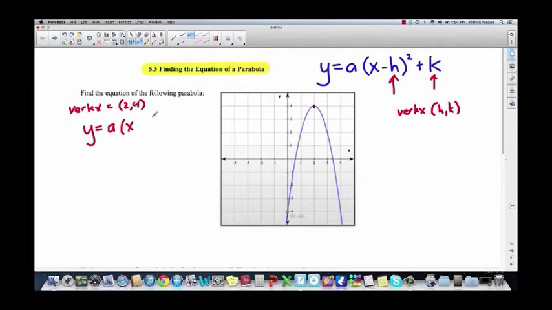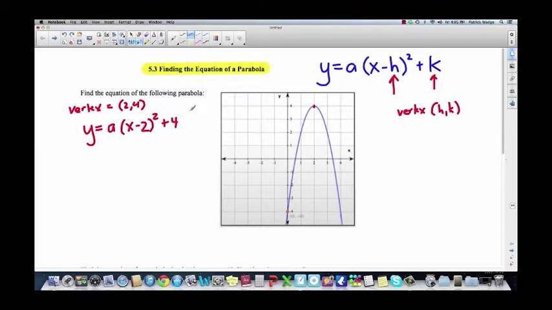Now careful, you're going to put minus 2 or plus 2 here. Remember, it's always kind of opposite, x minus 2, right? Because in order to make it x minus 2, h has to be 2. If h was negative 2, then this would be negative negative, which is plus. So (x minus 2) squared, don't forget the squared, plus 4. The y value of the vertex is always the same sign.